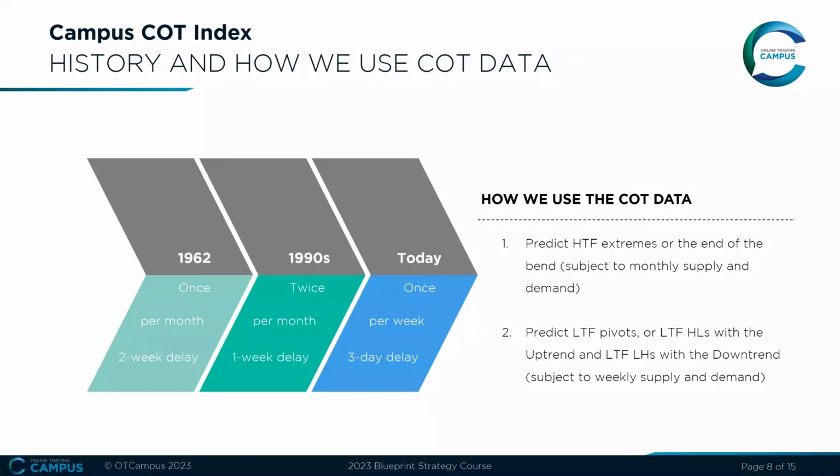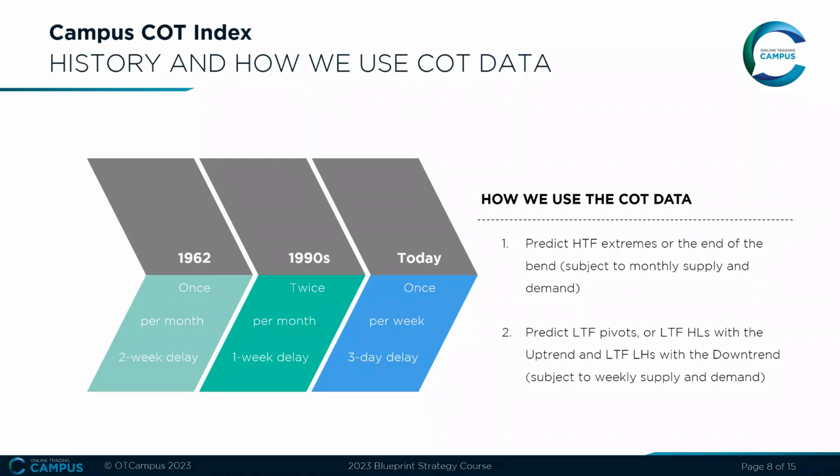Well, now let's talk a little bit about the history and our ways of using the COT data. What I wanted to point out here is the importance of the longer term outlook of the COT report. Very few people know this, but when the COT data was first launched in the 1960s, it was published only once a month, with a 2-week delay in the data.